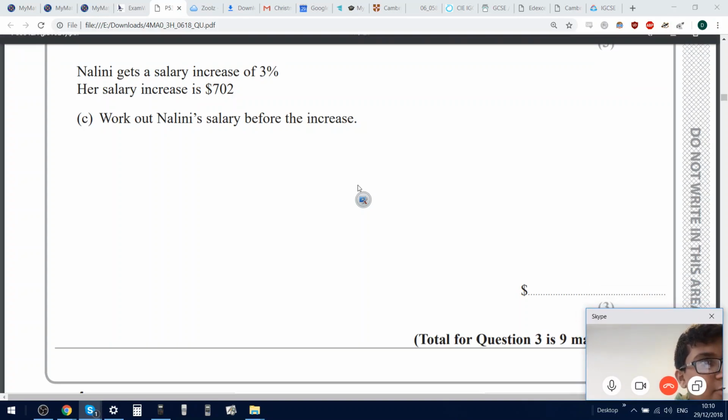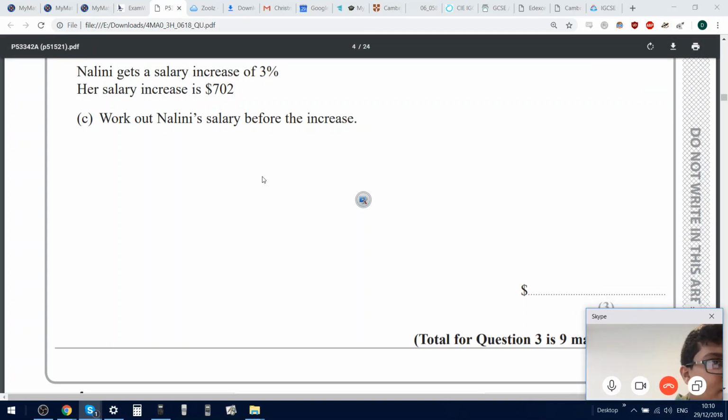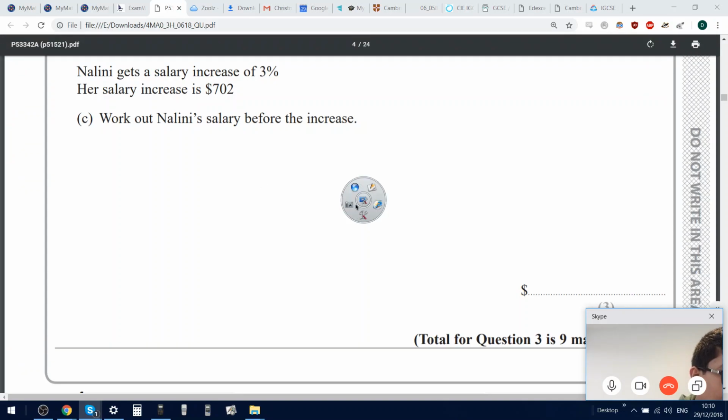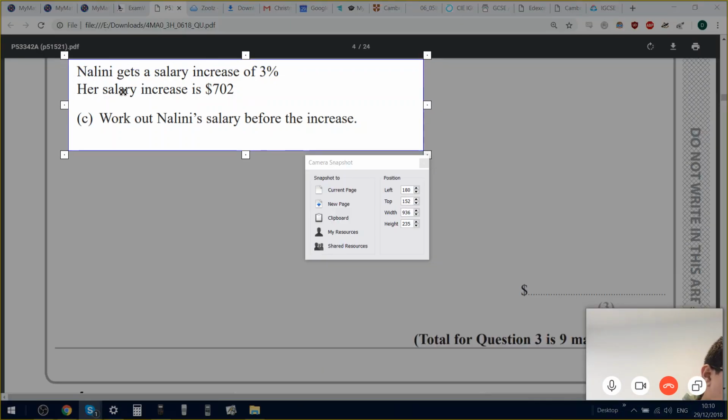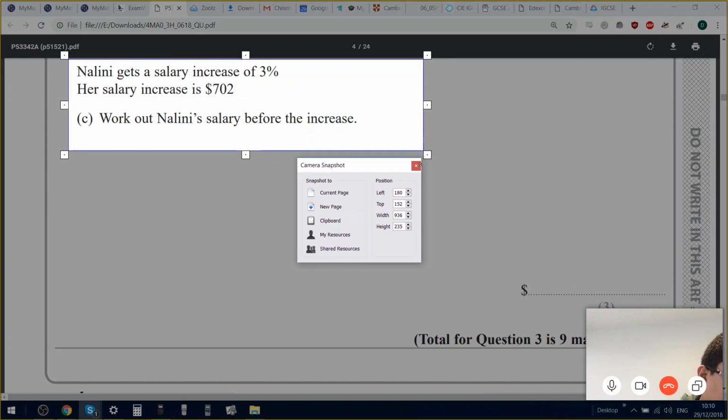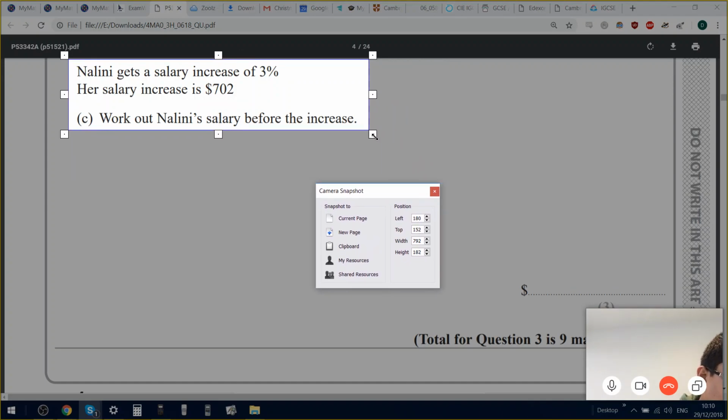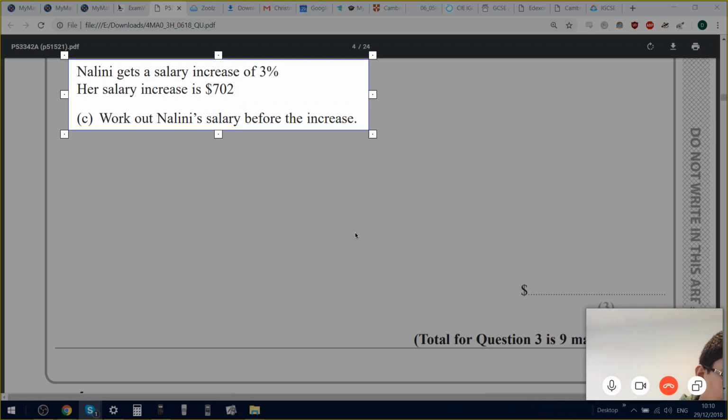So we have a salary increase of 3%. The increase, so 0.03 equals 702. 1 would equal 702 divided by 0.03 times 100.